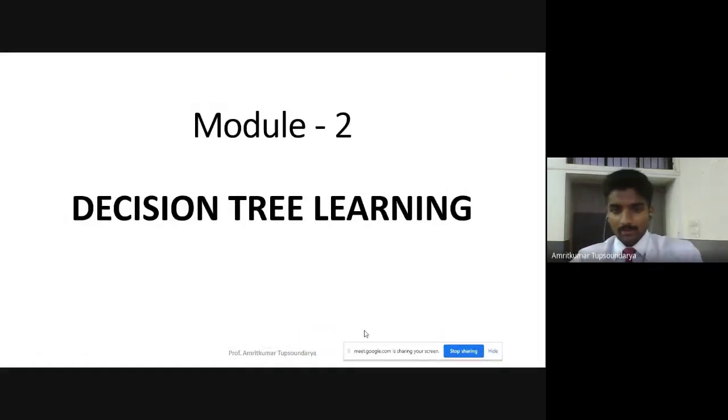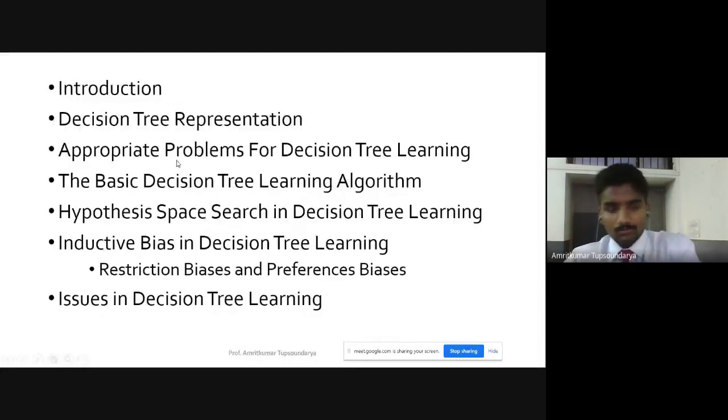So let's have a quick recap of what we discussed in this module. Starting off with the introduction of what is a decision tree, what is decision tree learning, we went ahead to discuss the representation. How do we represent a decision tree?